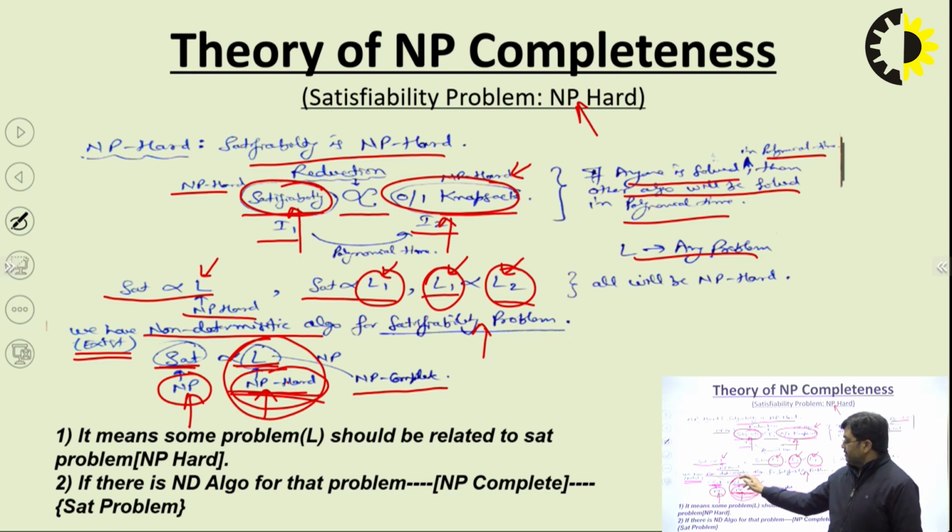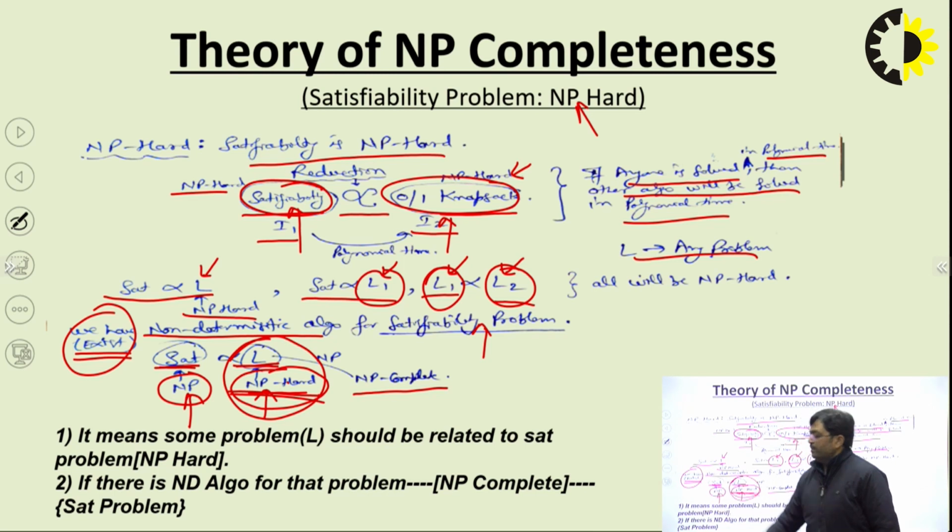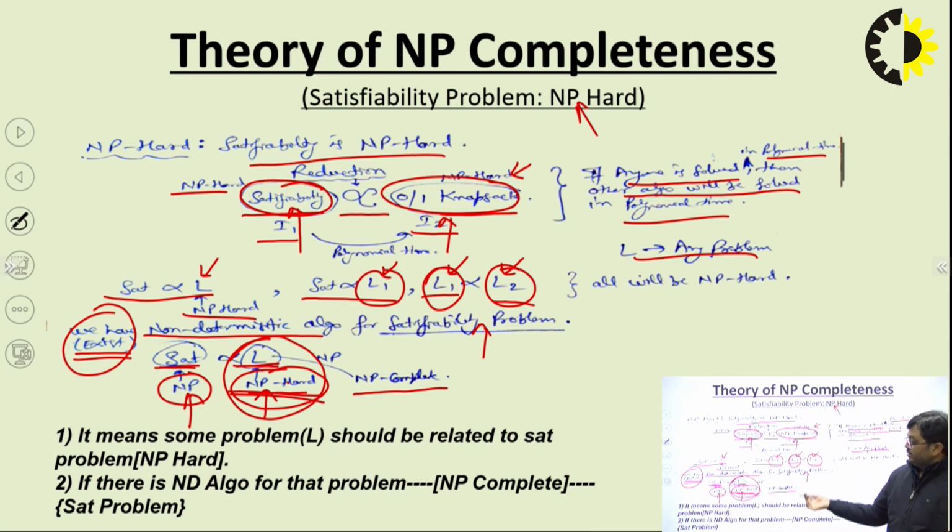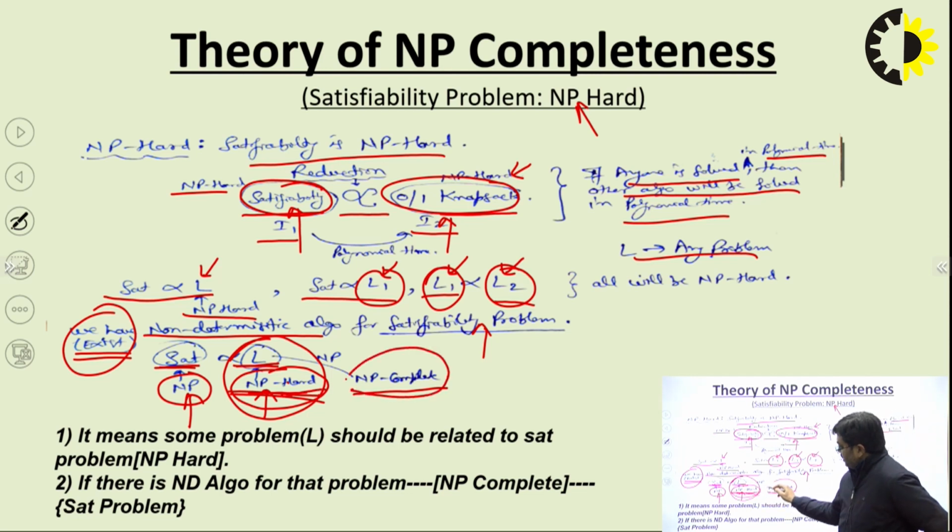And if a non-deterministic algorithm exists for the problem, like we already said satisfiability has one, that will become NP complete.